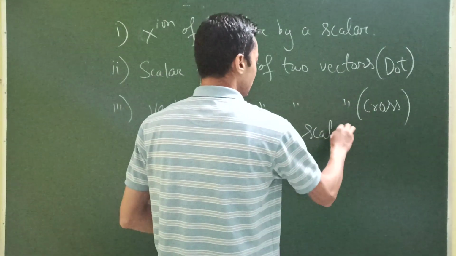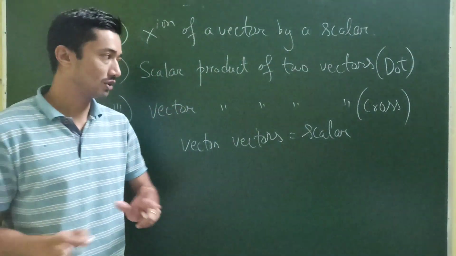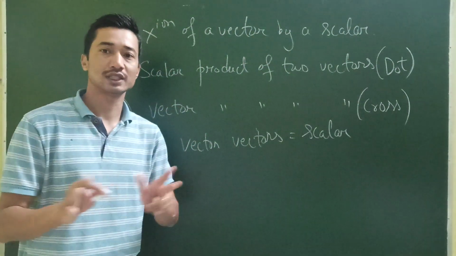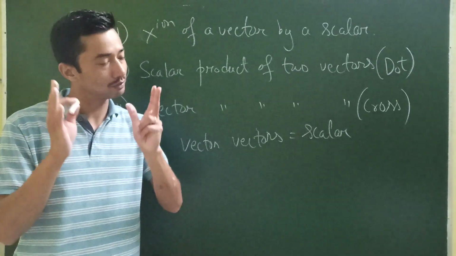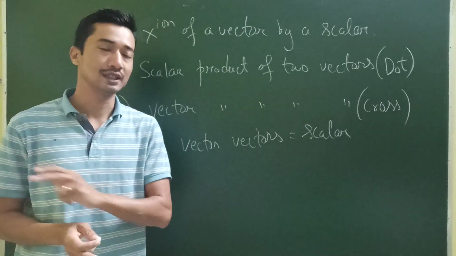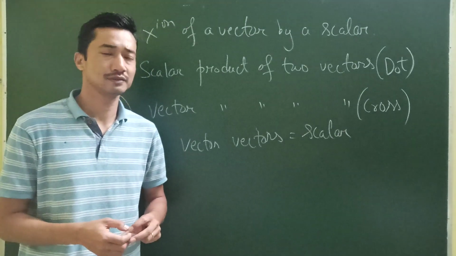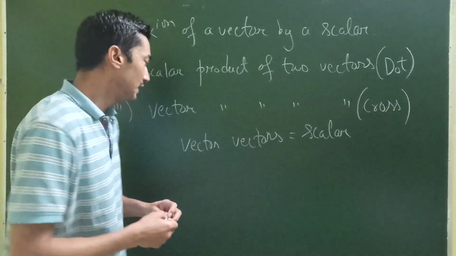Now in this second one, when we multiply two vectors, we will be getting a scalar quantity. By now, I believe all of you are very familiar with what vectors are and what scalars are. If not, please go through the previous three videos, and then the concept of vectors and scalars will be clear to some extent.